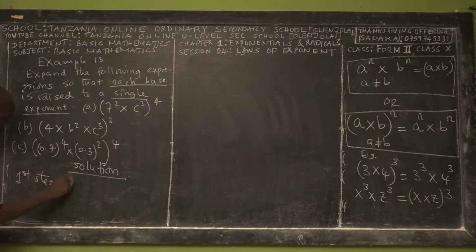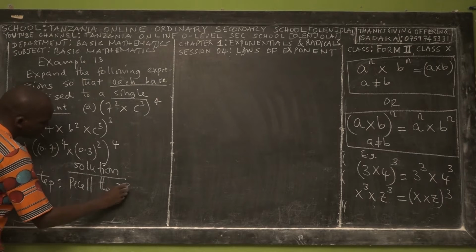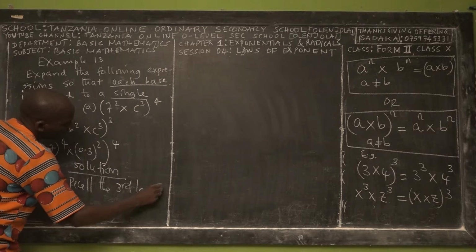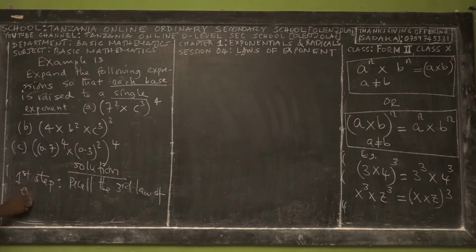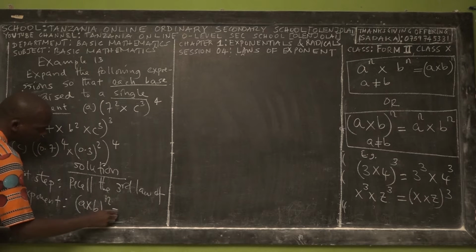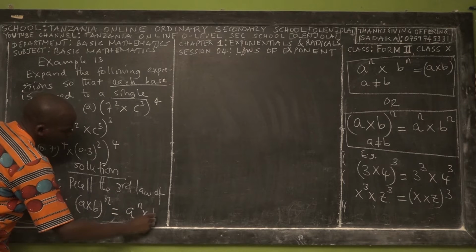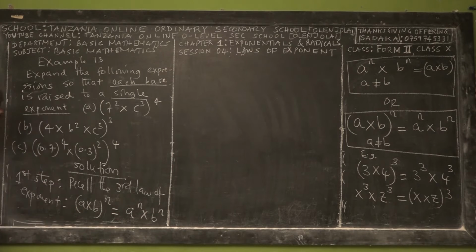So you have to recall the said law of exponent. How does it state? It states that if you have (a times b) power n, this is equal to a power n times b power n.